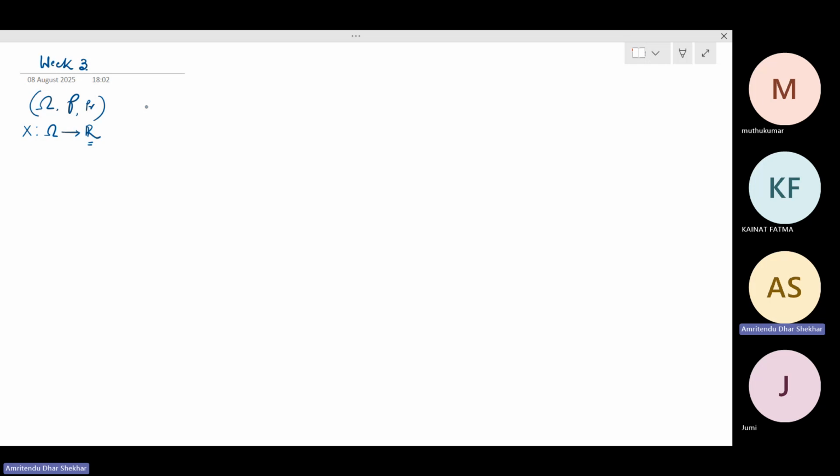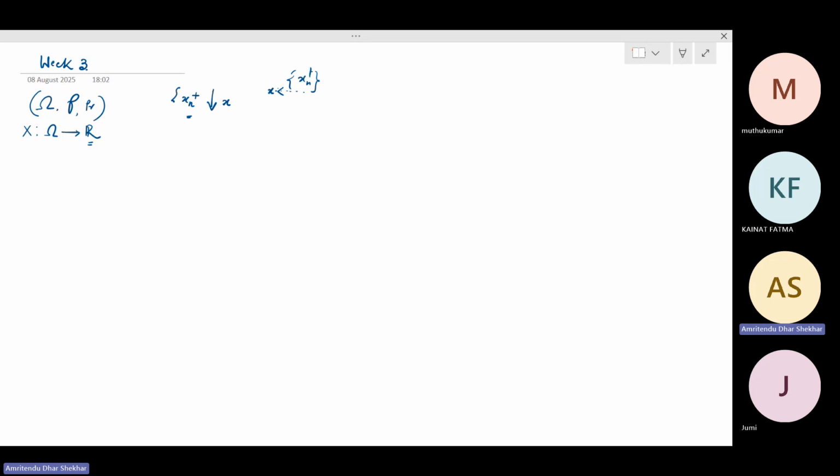We say that any function f is continuous at a point x if it is continuous from the left and continuous from the right. That means that if you have a sequence xn plus which converges to x from the right, which is denoted in this way.